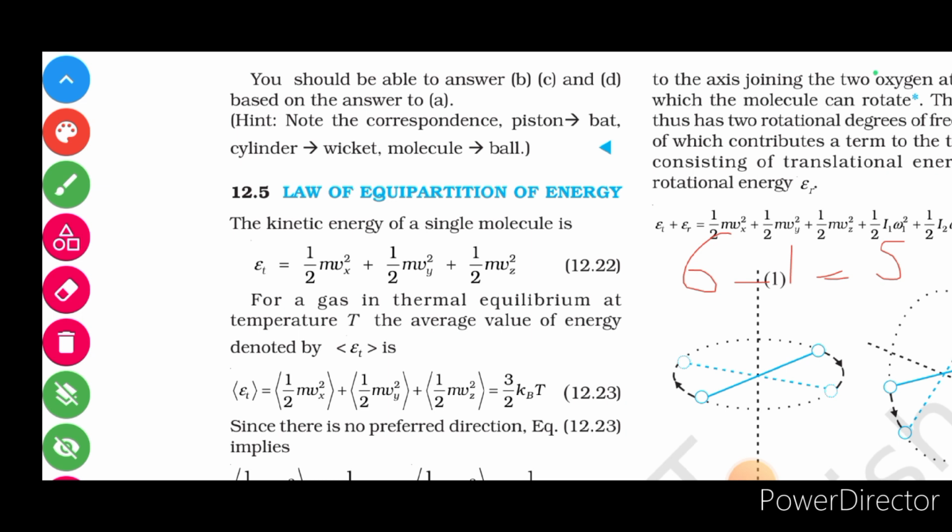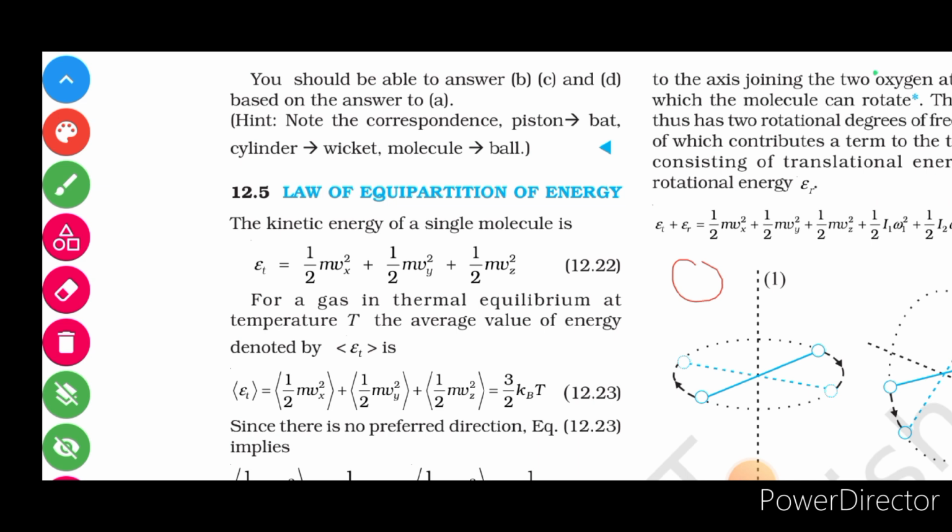Now the other way to define degree of freedom: again for the first particle, the monoatomic gas, we'll see in how many ways this particle can execute motion. What kind of motion can it execute?